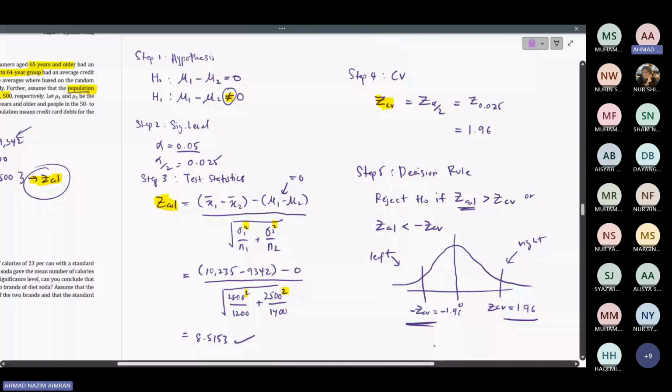In this example, we have a positive Z calculated, so you just need to compare with the positive critical value. Our Z calculated is 8.5153, around here.